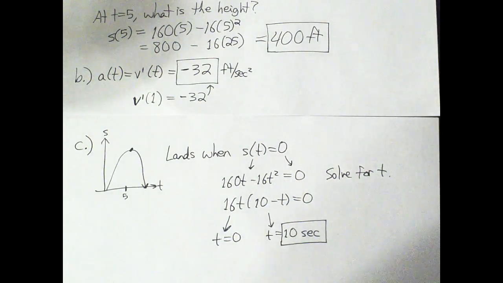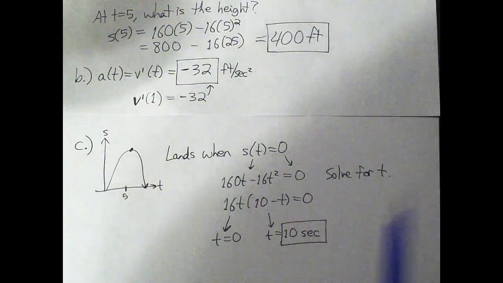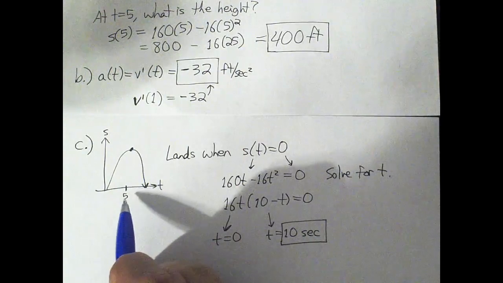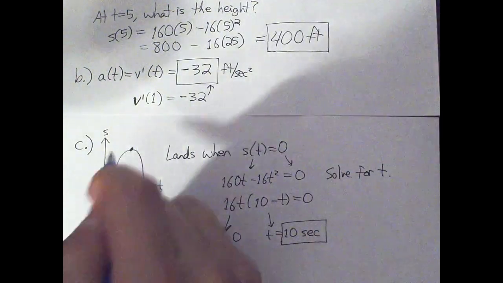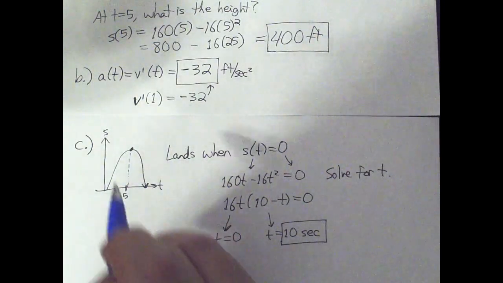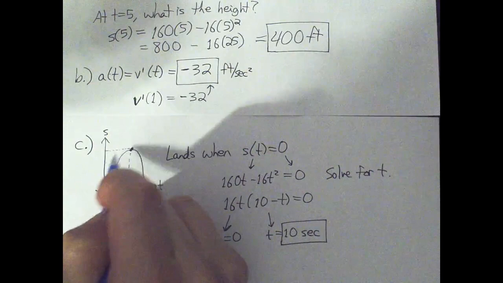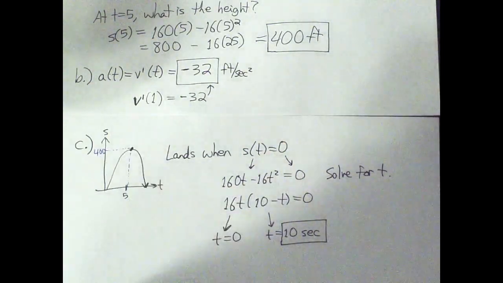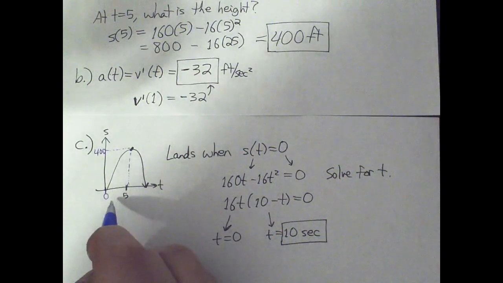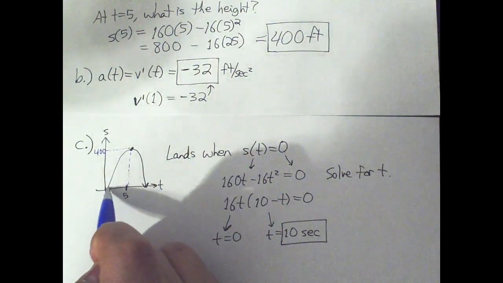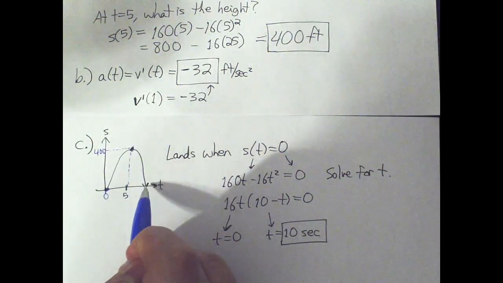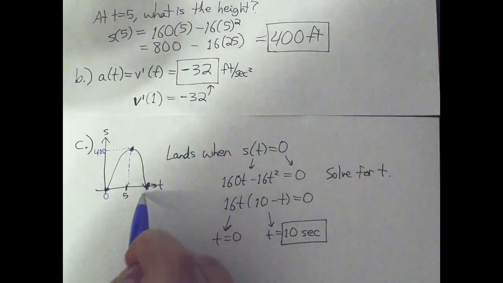I would also add, as a side note, that you could probably argue that this has to be 10 seconds because this was 5 seconds. At 5 seconds in, the rock was at its peak. By the way, that peak was at 400 feet. So let's label some more of this. Here's 0 seconds, right? 0 seconds in, it's on the ground. 5 seconds in, it reaches the max. 5 seconds more, and it hits the ground.